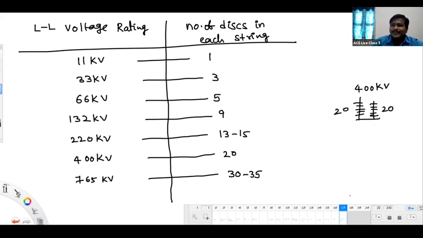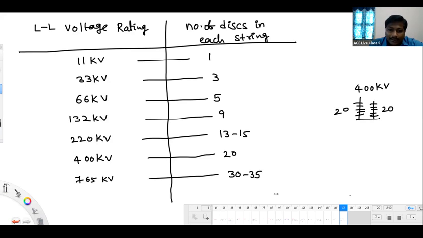I discussed this already in bundle conductors, Harshit. Strings are connected in parallel to bear the weight of the conductor. To carry the weight of the conductor, one string may not be sufficient, so we go for number of strings, maybe 2, 4, sometimes 6 also.